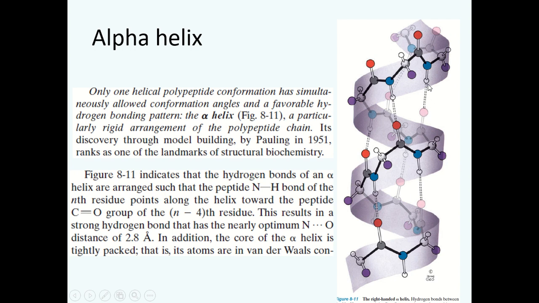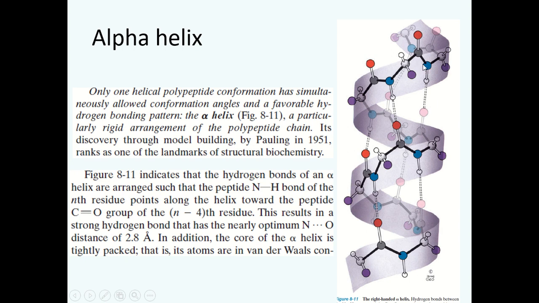So this is going to happen for all of these amino acids. The second amino acid's amino group will interact with the carboxyl of the fifth amino acid. The amino of the third amino acid is going to interact with the carboxyl of the sixth amino acid. In this way, all of these amino acids are going to be linked to one another by means of these hydrogen bonds, formed between the hydrogen of the amino group and the oxygen of the carboxyl group.